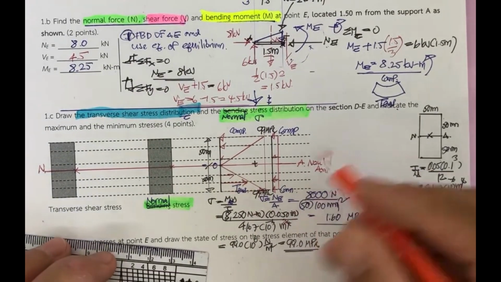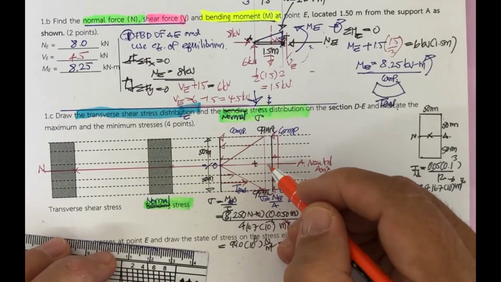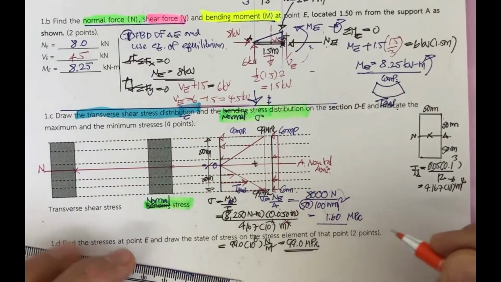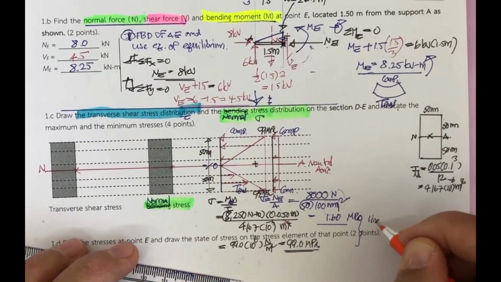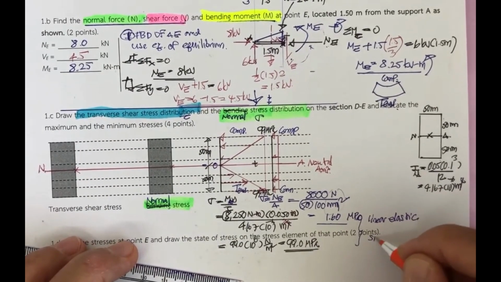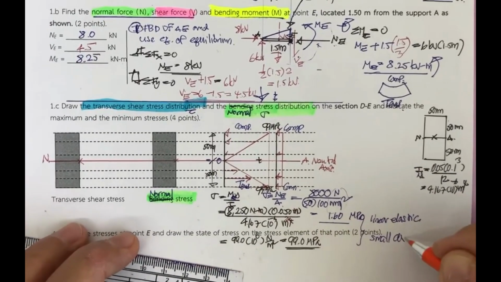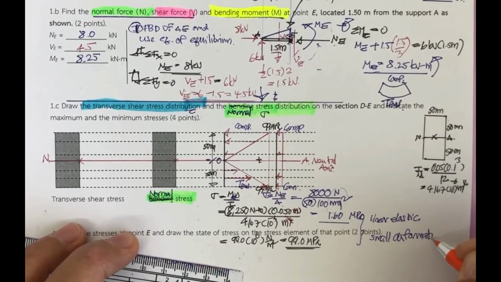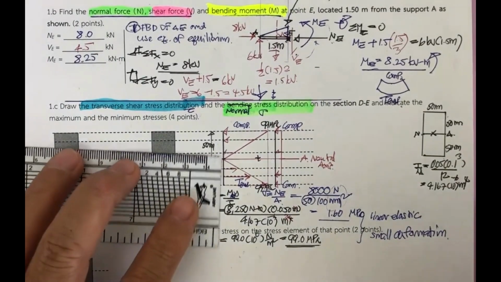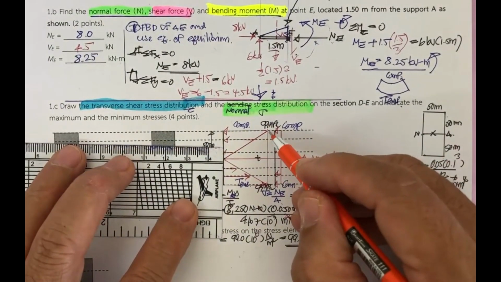By combining them together, from chapter 8, we can combine stress together based on the assumption of linear elastic and very small deformation. Very small deformation, that's going to follow our study. And then the stress over here is going to add up.